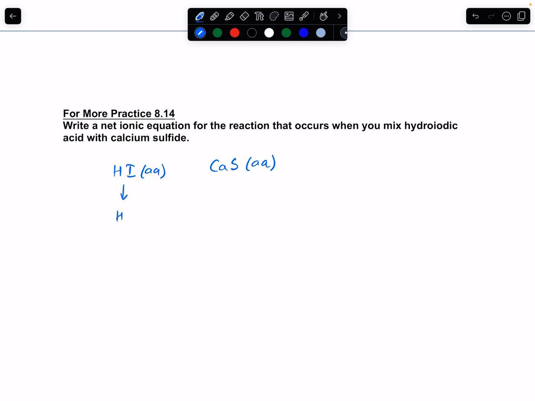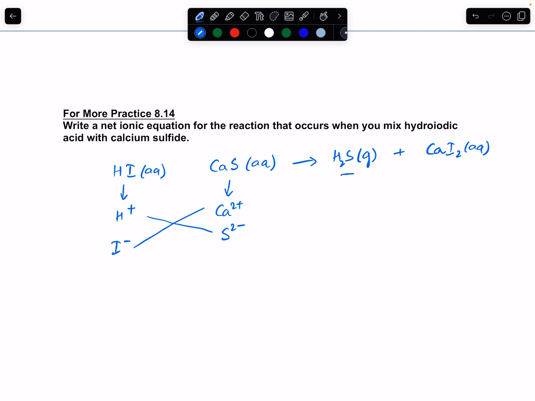The ions that are going to form are H plus and I minus, and the ions out here are Ca2 plus and S2 minus. Now let's crisscross the ions to give us possible products. That's going to be H2S, which is actually a gas already, and then the other one is going to be CaI2.